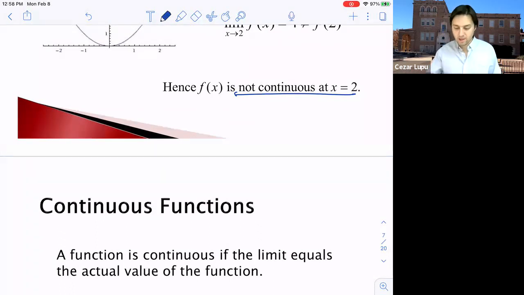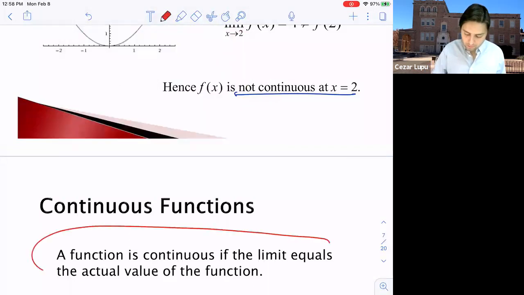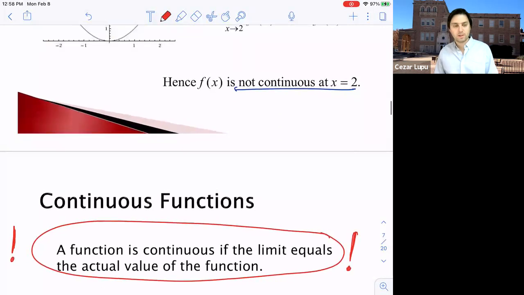What we have just been saying, so that's what you need to know. This is important. So once again, a function is continuous if the limit equals the actual value of the function, right? As we have seen at the beginning.